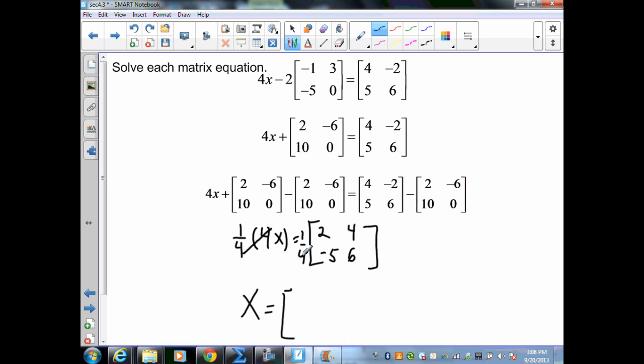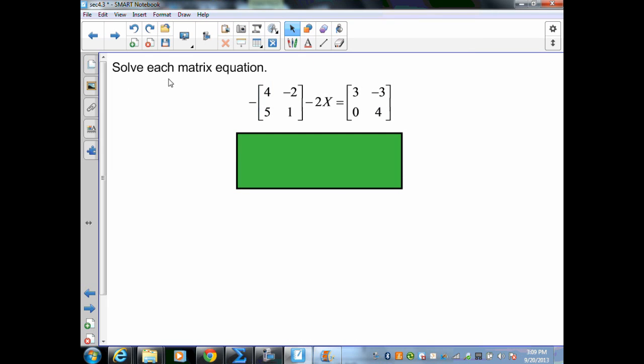My scalar is 1/4, and I take that times each element on the interior. 1/4 times 2 is 2/4, which is 1/2. 1/4 times 4 is 4/4, which is 1. 1/4 times a negative 5 is a negative 5/4. And 1/4 times 6 is 6/4, but 2 divides into both, which will give me 3/2. And this is the solution for x.